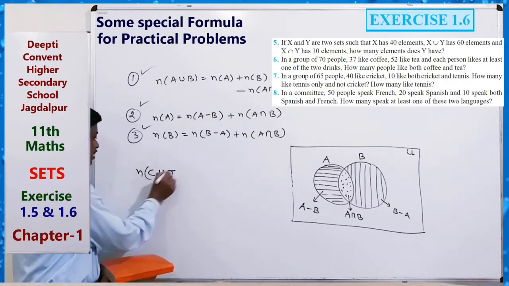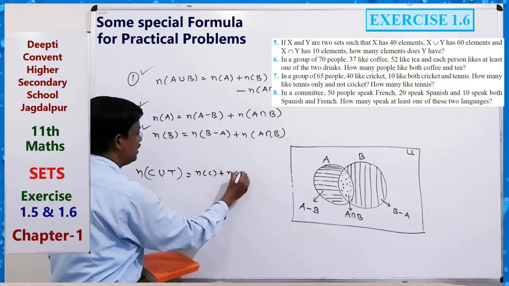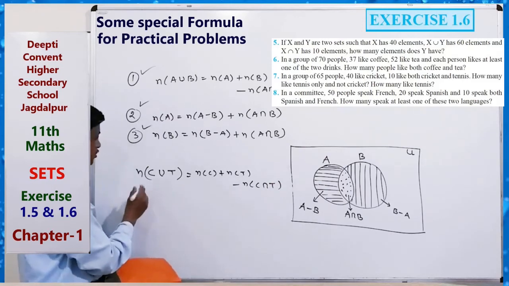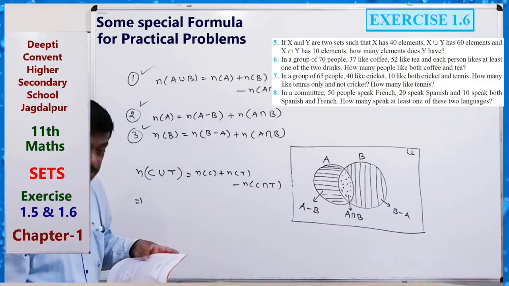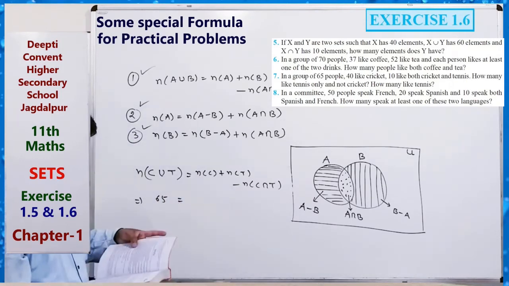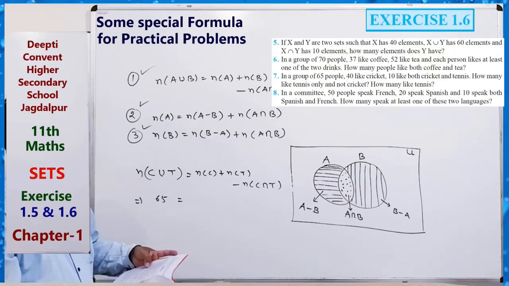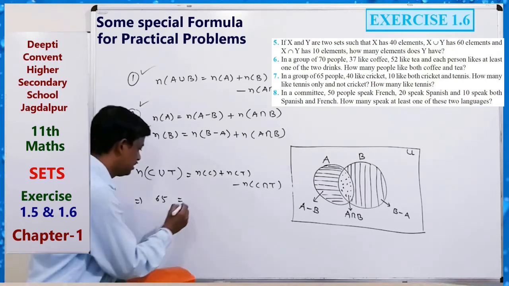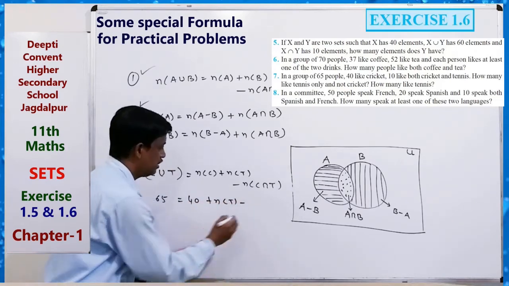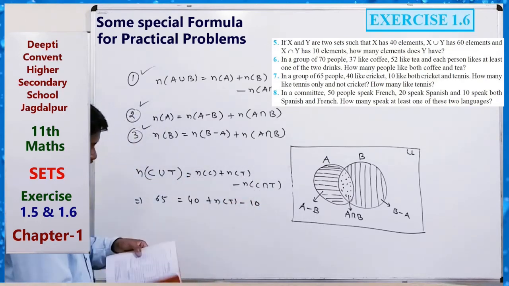Using the formula N(C) plus N(T) minus N(C intersection T), we get 65 equals N(C), 40, and 10 both like cricket and tennis.